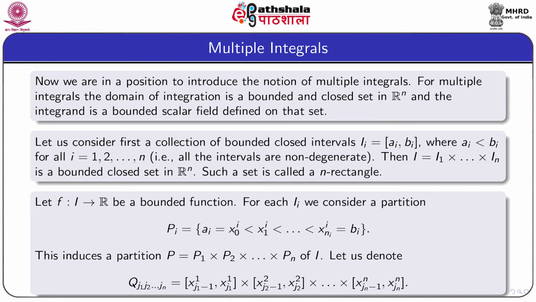This induces a partition P equal to P1 cross P2 up to Pn of I. Let us denote Q(j1, j2, ..., jn) equal to the Cartesian product of the subintervals [x(j1-1)1, x(j1)1], then [x(j2-1)2, x(j2)2] up to [x(jn-1)n, x(jn)n].